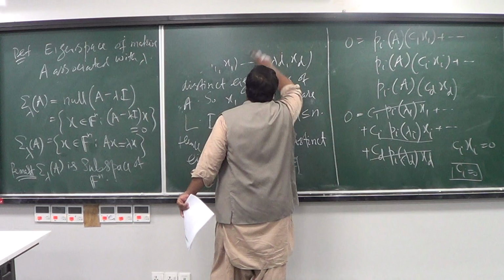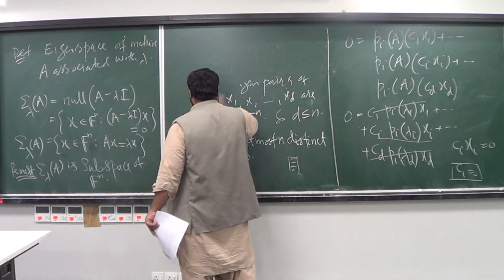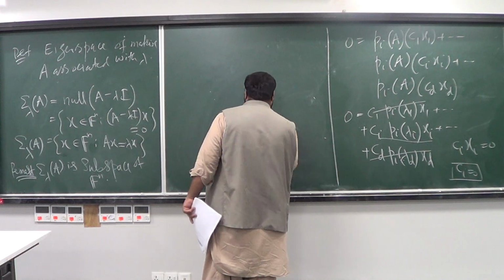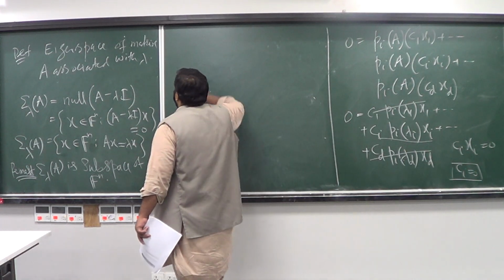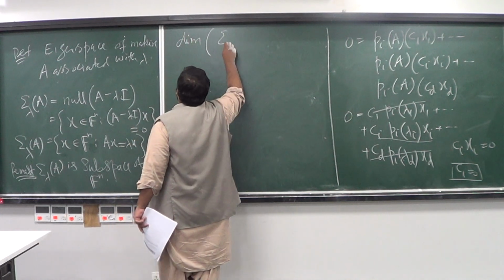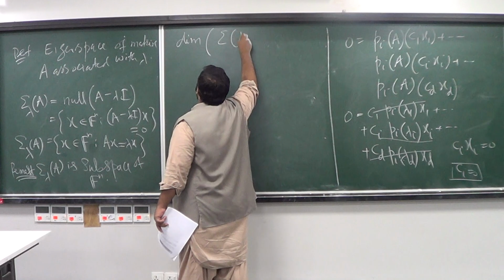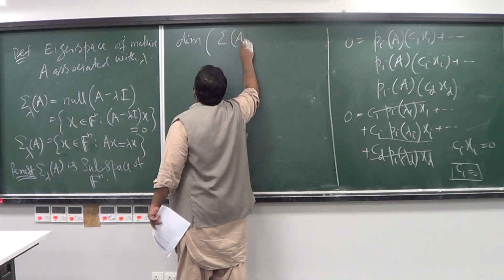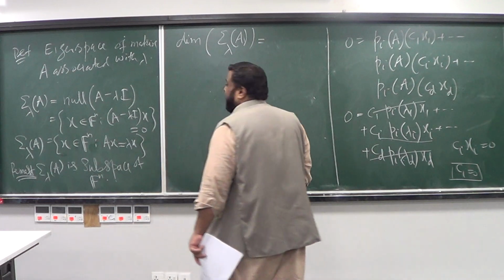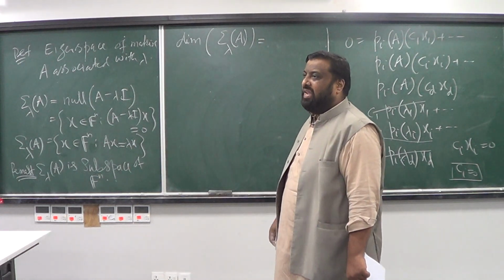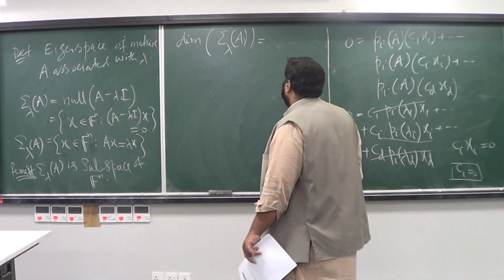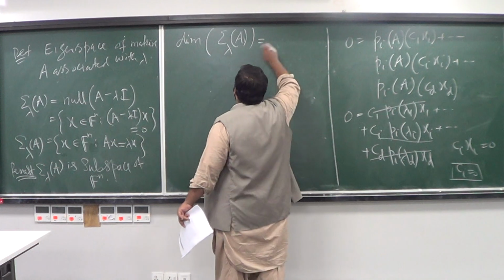Let me define another thing. That is the dimension of the eigenspace of matrix A associated with lambda.